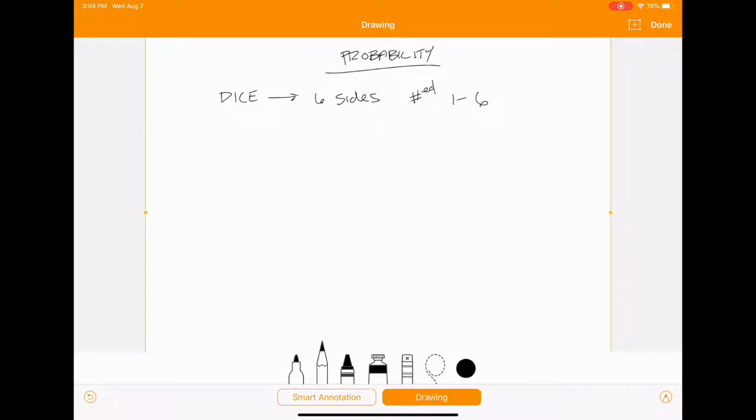Okay, and you want to know the chances of you rolling a 1. Well, out of the 6 sides, there is 1 one. So your chance of rolling a 1 is going to be 1 out of 6.